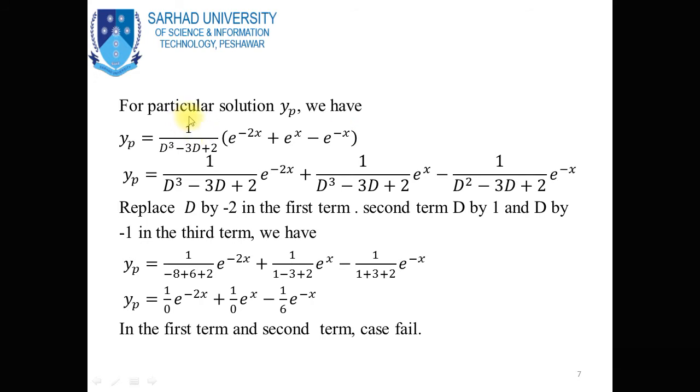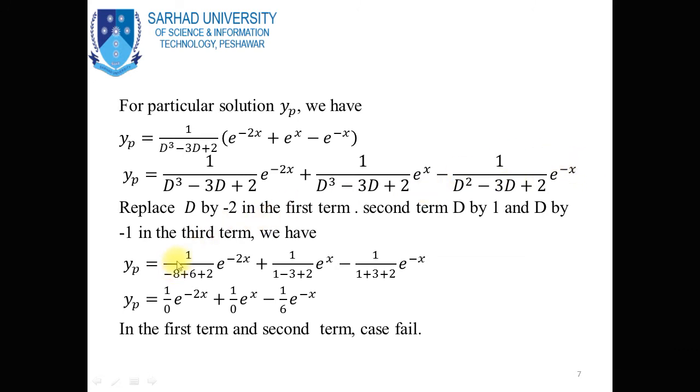Now applying this inverse operator upon e power minus 2x, upon e power x, and upon e power minus x. So you see over here, the inverse operator upon e power minus 2x plus the inverse operator upon e power x, and minus the inverse operator upon e power minus x. In the first case replace D by minus 2, in the second case replace D by 1, and in the third case replace D by minus 1.